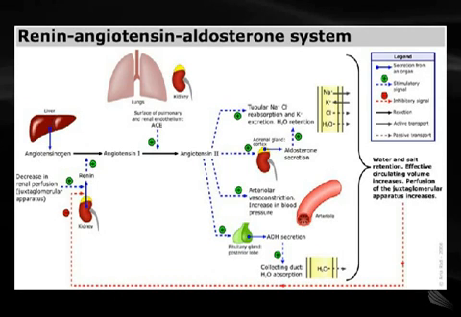Angiotensin 2 also causes direct vasoconstriction, both of the systemic as well as the renal circulation. Finally, angiotensin 2 stimulates the pituitary gland to secrete ADH. ADH will then promote further water reabsorption in the collecting duct.